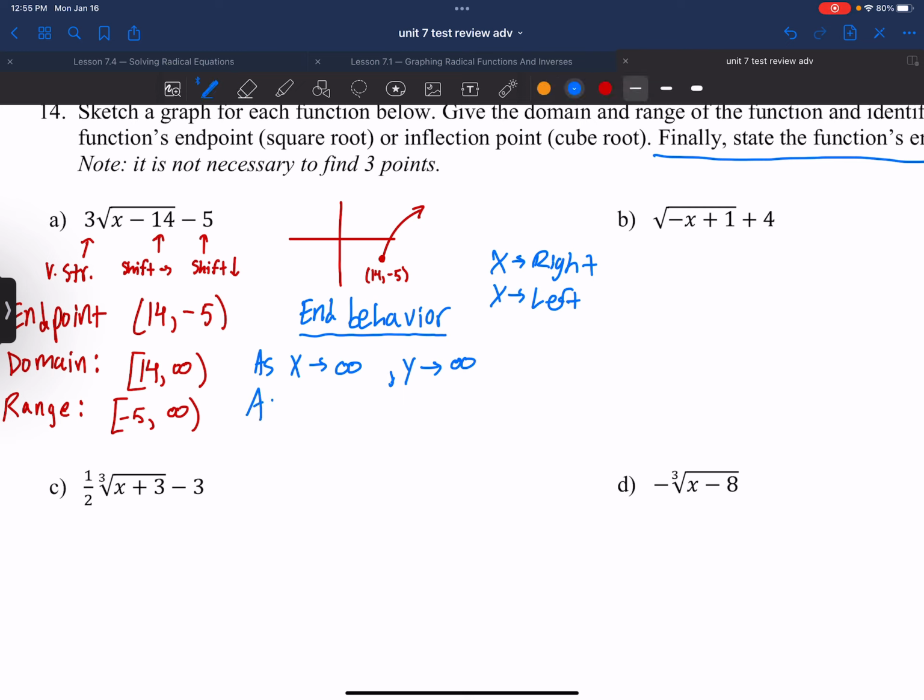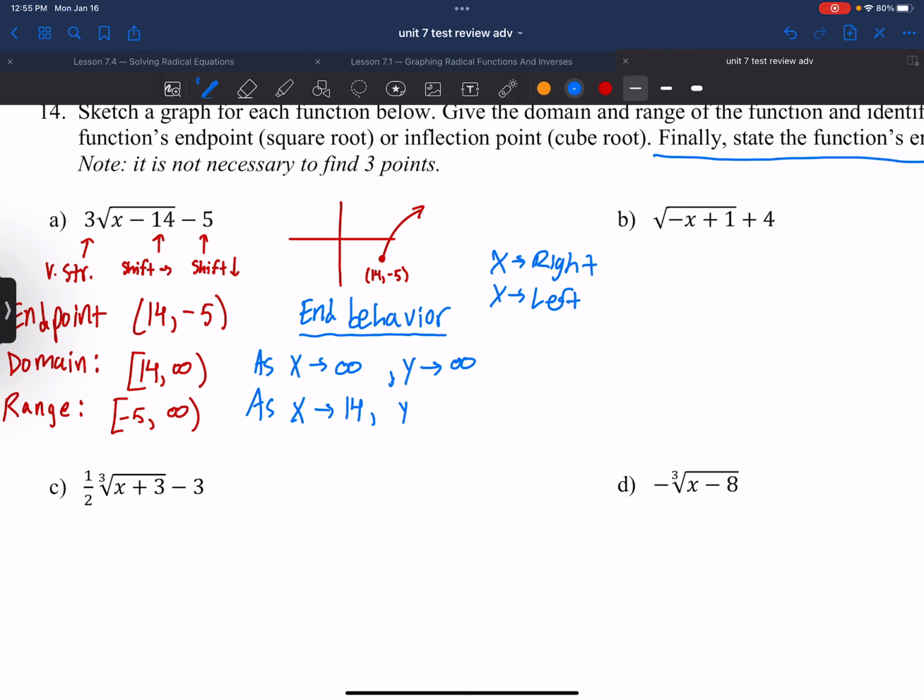I'll also describe the other end, though. As x approaches, well, where is it going on the left? It's not going towards negative infinity because there's a hard stop at 14. The function does not progress past 14 towards the left. So I'll say, as x approaches 14, where is y going?